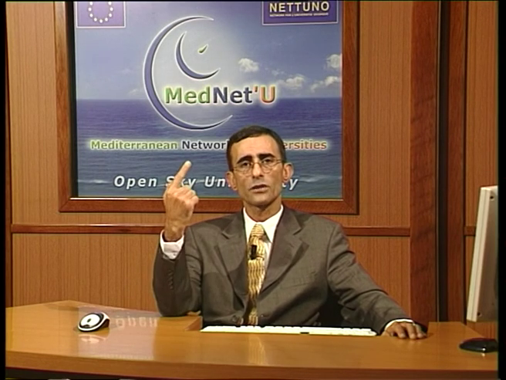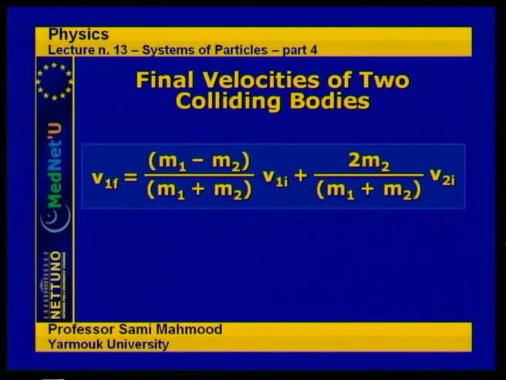If we substitute this value of V2 final in the first equation, which is the equation for the conservation of momentum, we will have an equation that contains only one unknown variable, which is V1 final. We can solve these two equations and find the value for V1 final, and it is a simple algebraic exercise for you to do.